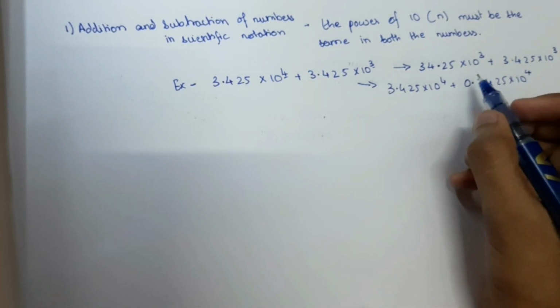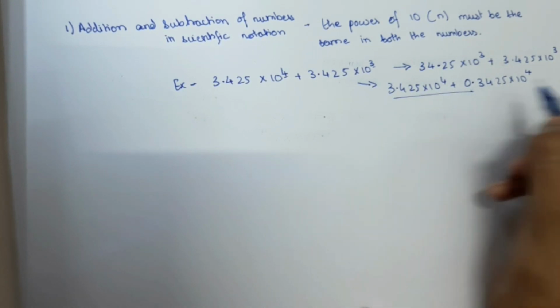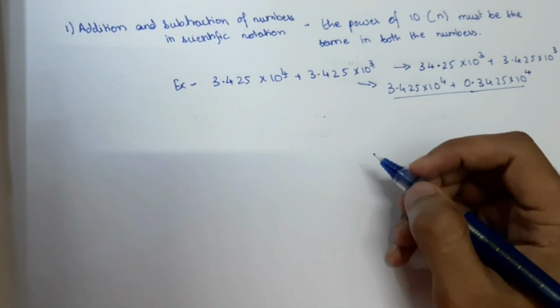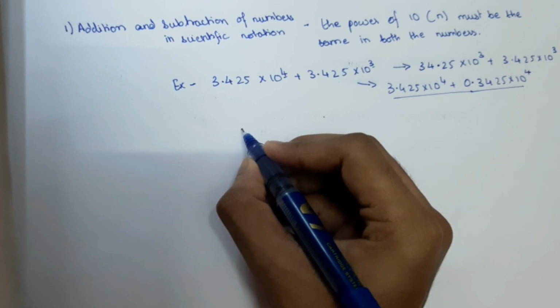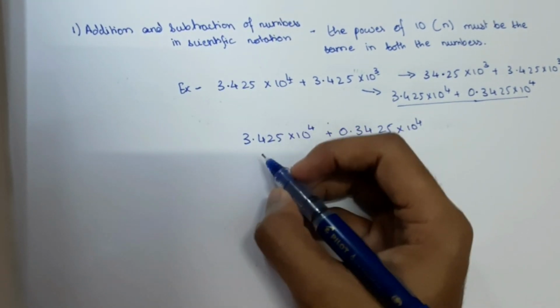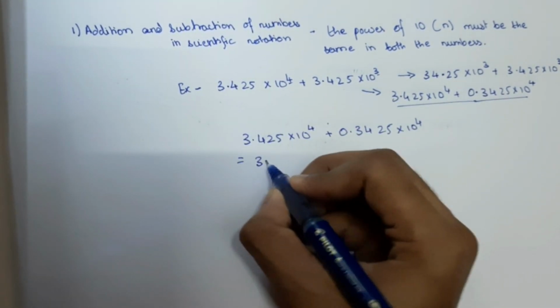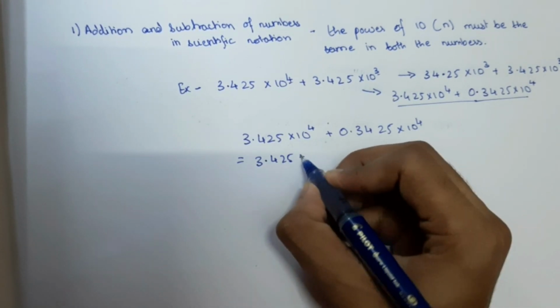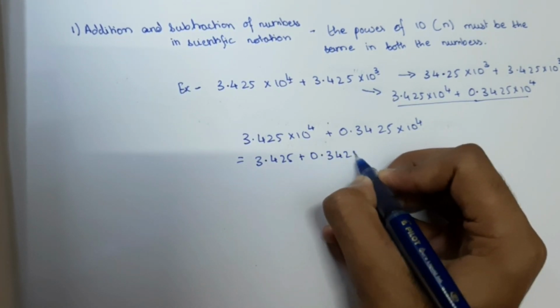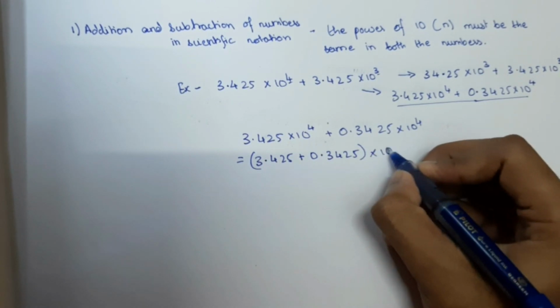Let's take this second one as the example. So let's write it down. This must be equal to 3.425 plus 0.3425 into 10 raised to 4.